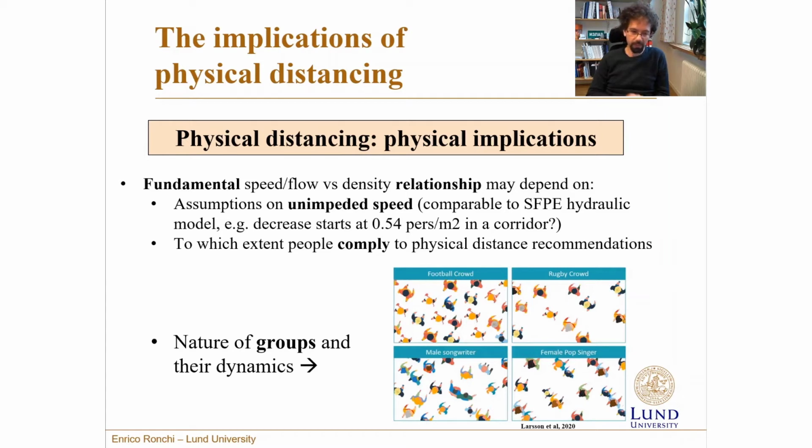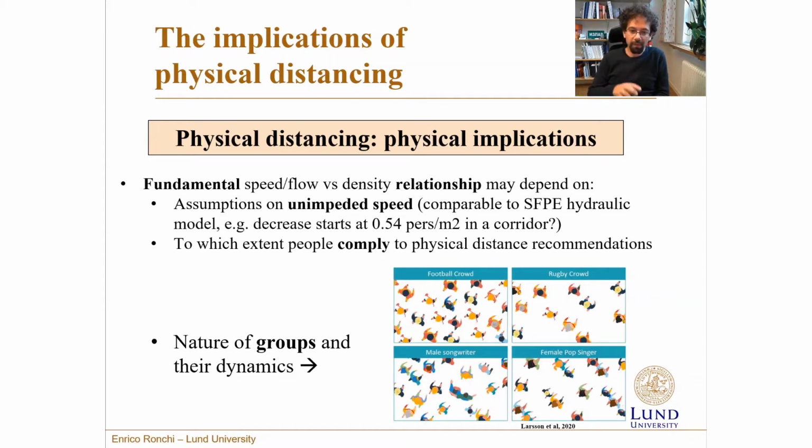For instance, I put here an image from a recent paper that I worked on along with some colleagues from the UK and here in Sweden, in which we looked at the impact of crowd composition on egress movement. We know that depending on the type of event or the type of crowd that we deal with, the groups that we have are very different.